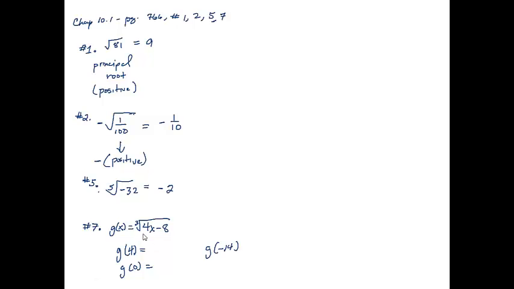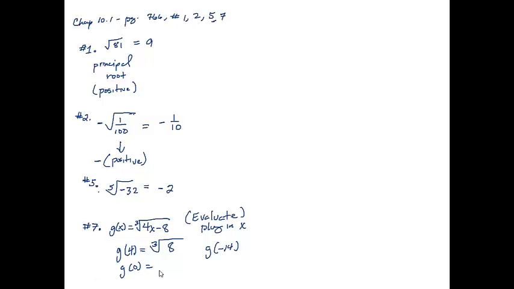Well, again, it wants me to basically evaluate. And remember, what does evaluate mean? Plug in x. Well, here, x is going to be 4, so I'm going to plug 4 in for x, so I have the cube root. Well, 4 times 4 is 16, minus 8 is 8. And I'm going to let you finish that with your calculator.